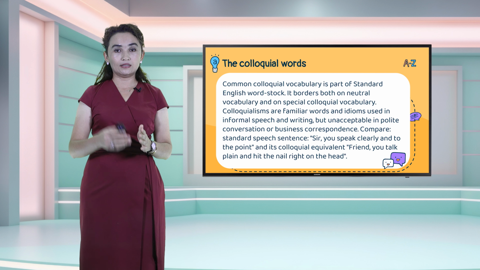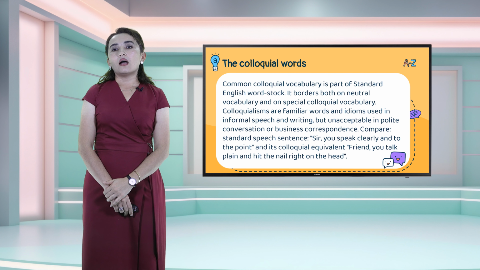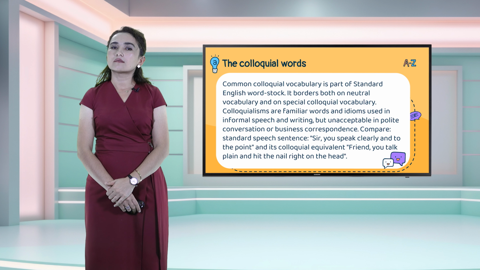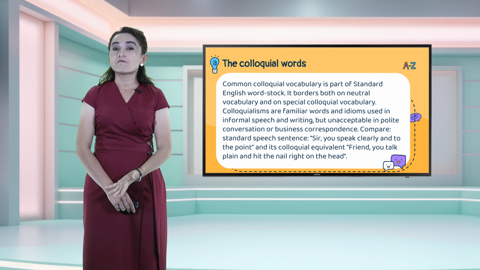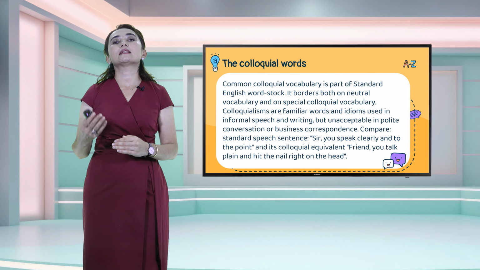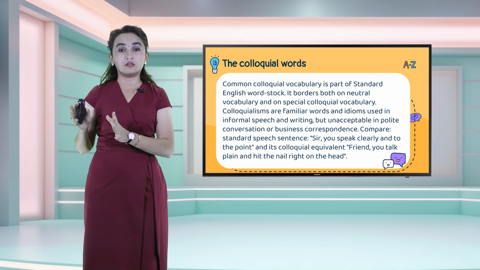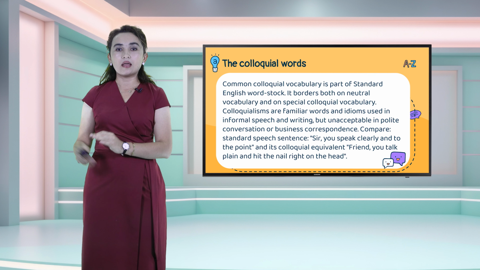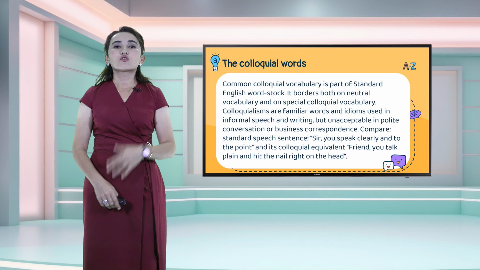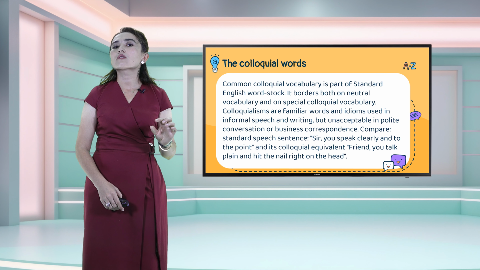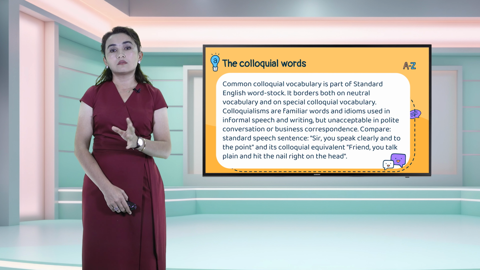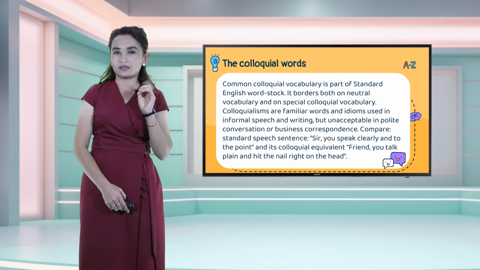And the second one is, "Friend, you talk plain and hit the nail right on the head." Yes, you're absolutely right. The first sentence is literary or neutral layer, and the second sentence, with the help of collocations like talk plain or hit the nail right on the head, is the colloquial equivalent of the first sentence.